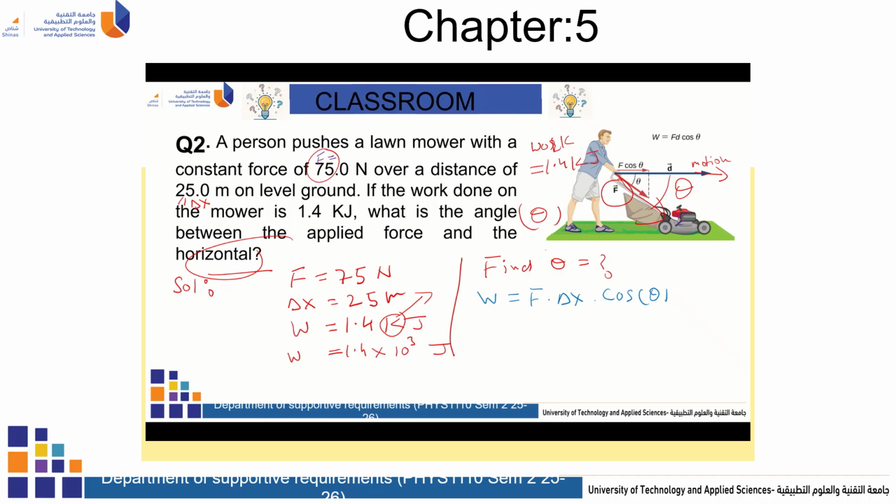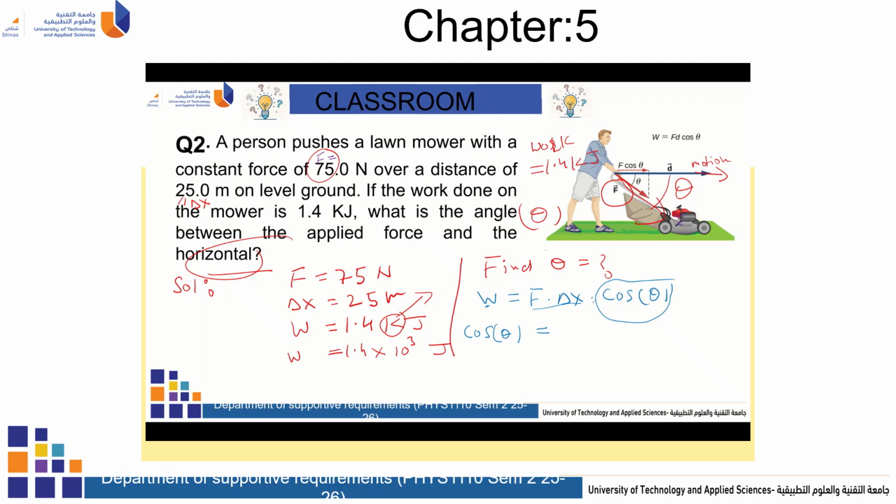Actually here I need to find this. So to make it mathematically simple, I will take this factor outside. If I take this cosine theta to the extreme left side, it will stay here, and the other factors will go to the other side.